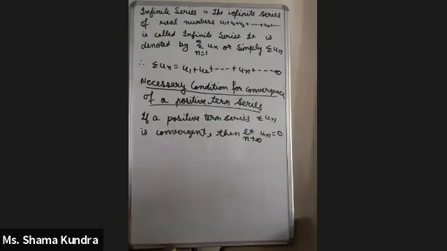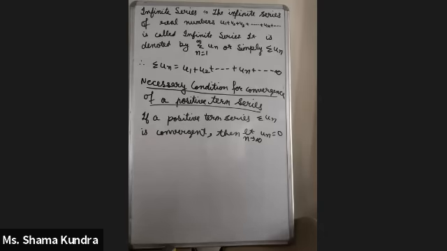Whenever the tests among the 9 tests fail, only then we use it. Don't use this test for divergence directly. If the limit of un comes out to be finite, then the series is called convergent.